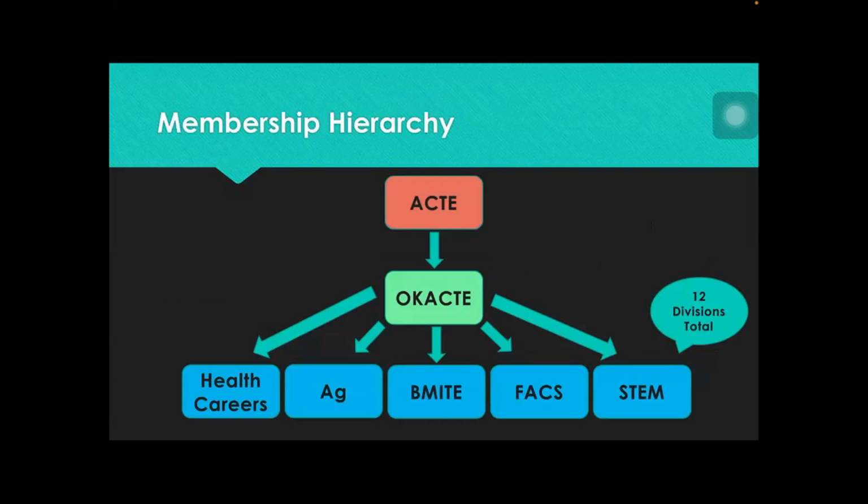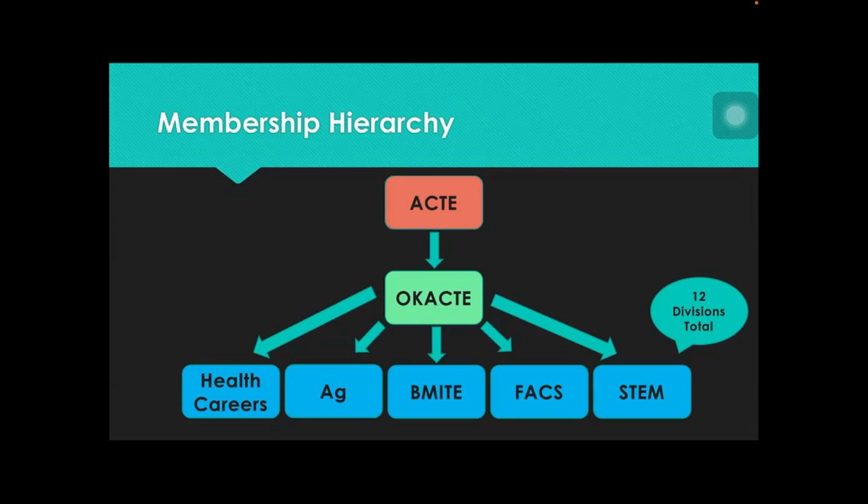So to kind of get some of the hierarchy into perspective, if you look at your screen, you'll see ACTE, that is our national level organization that works in Washington, D.C. with our policymakers to try to get funding for all of the states for career and technical education. At the state level is OKACTE, and our state level is divided into 12 divisions total.